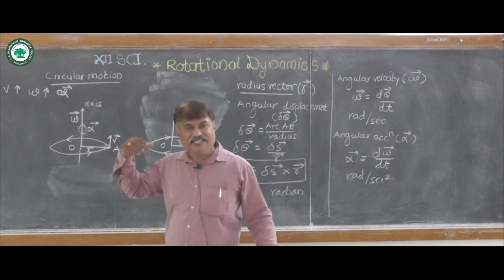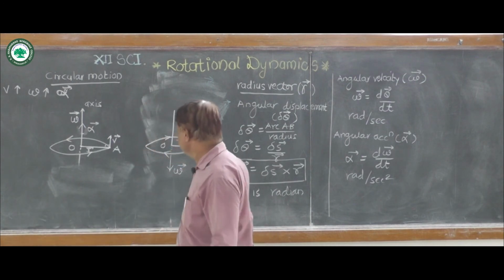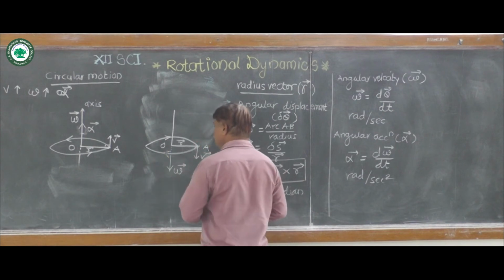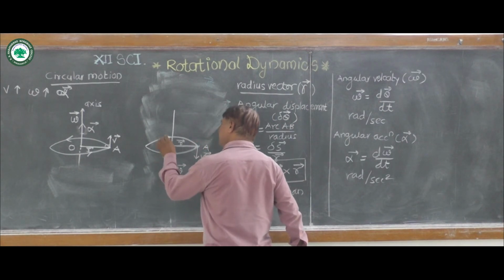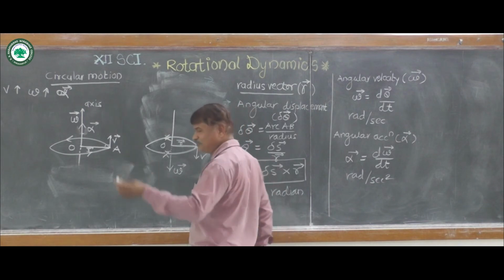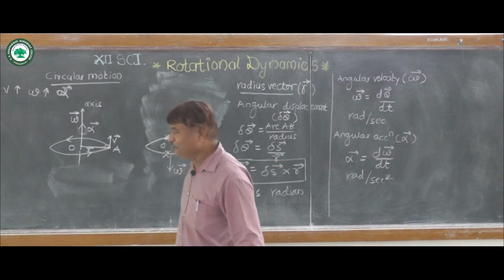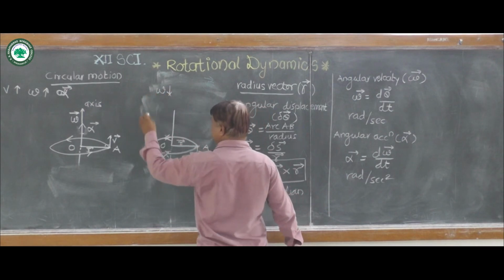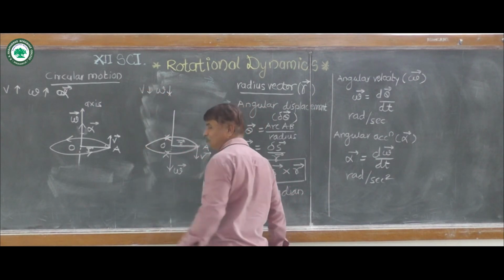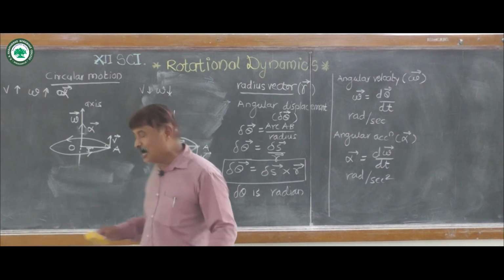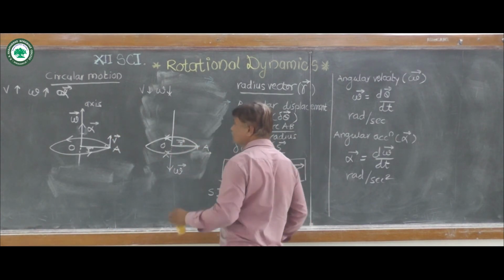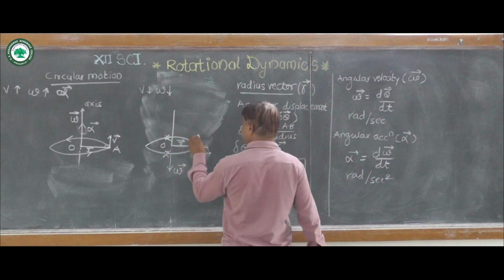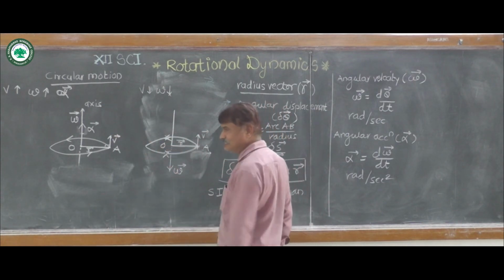When the fan is switched off, the motion goes on decreasing in the same anti-clockwise sense. If omega is decreasing, therefore V is also decreasing, because we know the relation V is equal to omega R. V is in the upward direction since the sense is anti-clockwise.